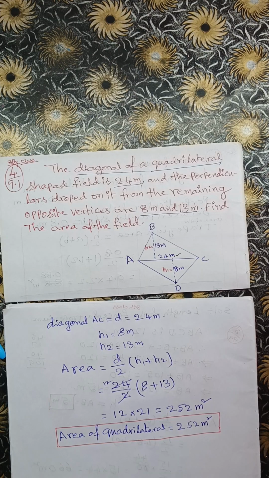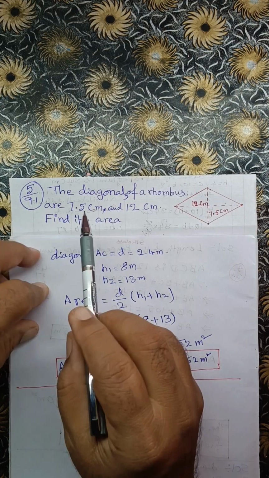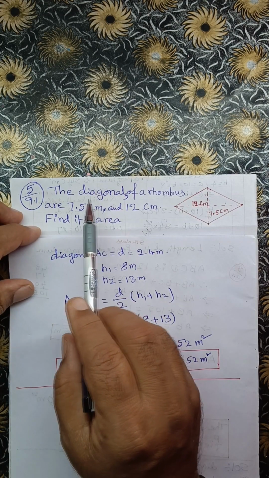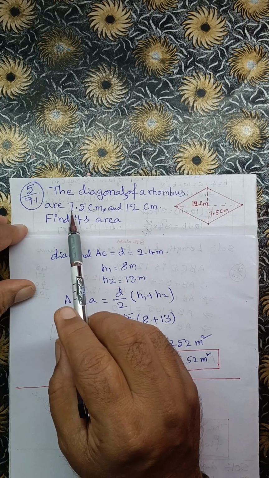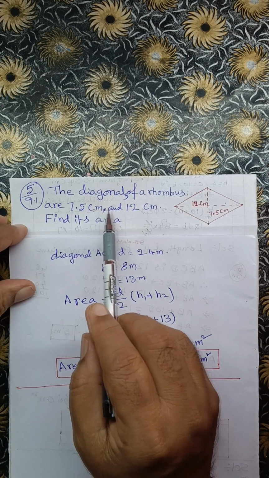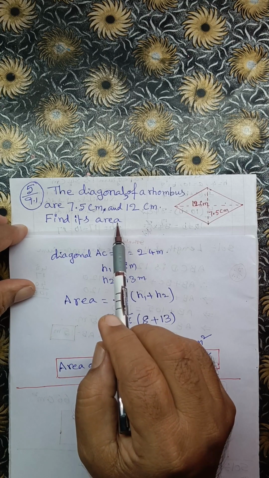Now, come to fifth question. See the fifth question. The diagonals of a rhombus are 7.5 centimeter and 12 centimeter. Find its area.